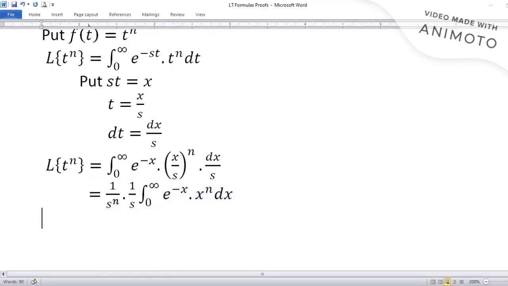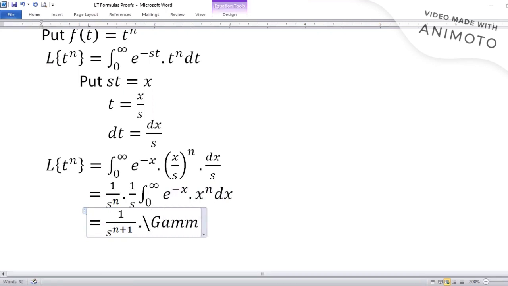Now this has become the gamma definition. On the outside, we write 1 upon s raised to n plus 1 power. And what this has become is a gamma function, gamma of n plus 1. This was the definition of gamma: 0 to infinity, e raised to minus x, x raised to n dx is gamma of n plus 1.